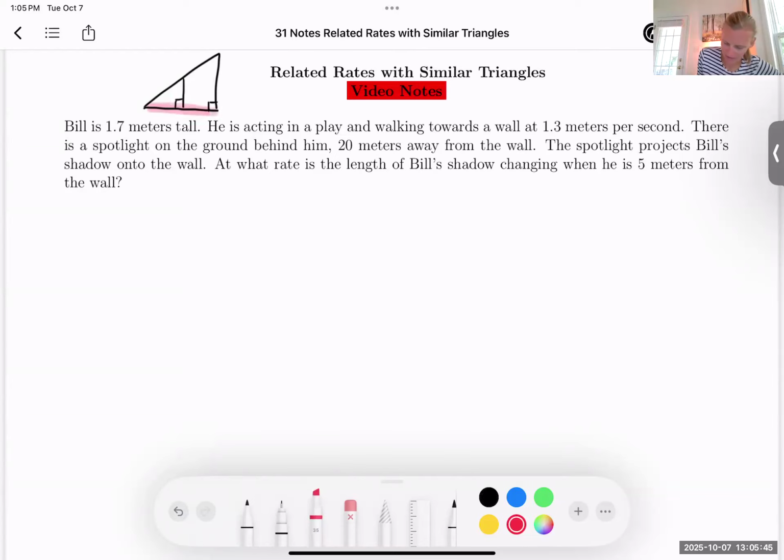What this means in this particular case is that this red side of the big triangle, if I call that A, and the corresponding side of the small triangle, let's call that X, are going to be proportional to each other.